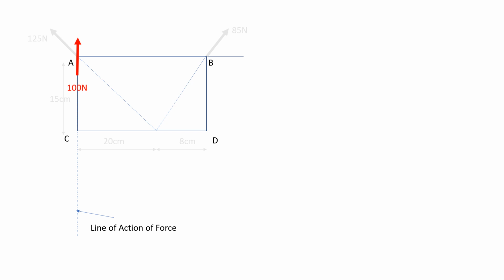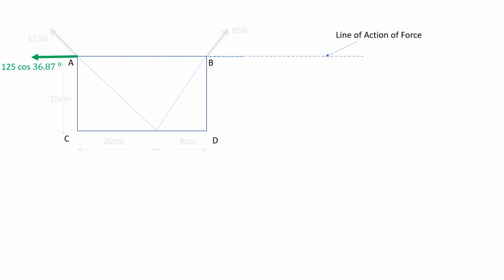Now consider this force; it will pass through point A like this, so zero perpendicular distance, and its moment about point A will be 0.